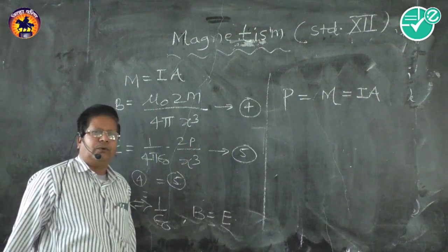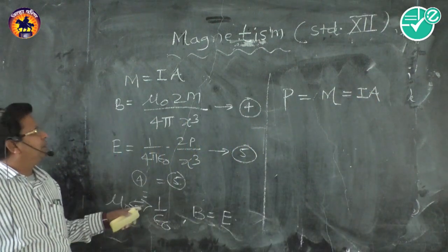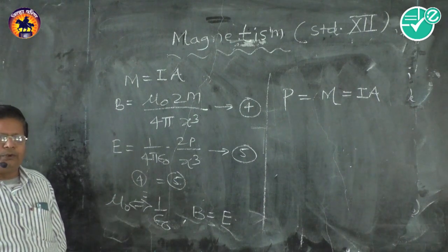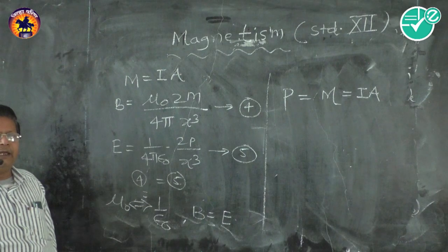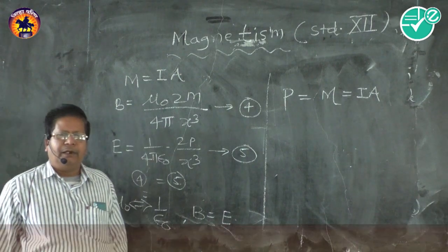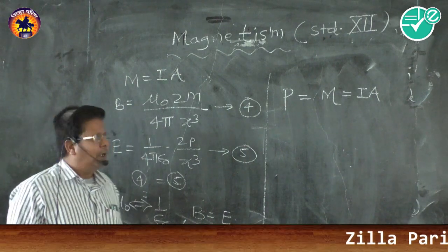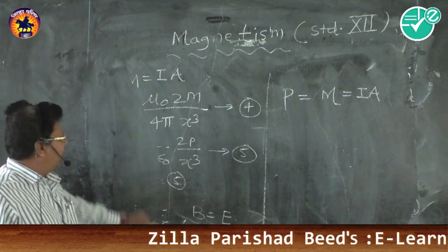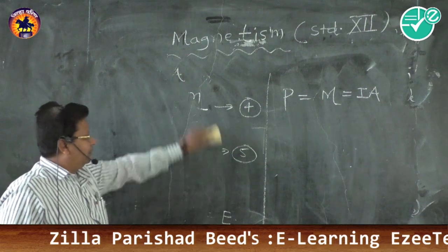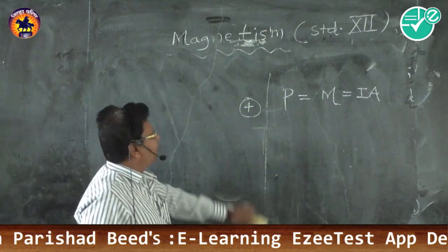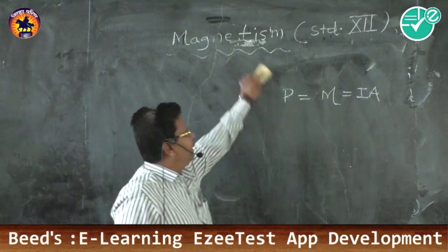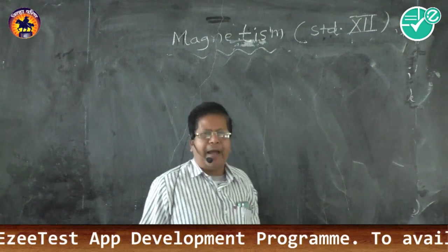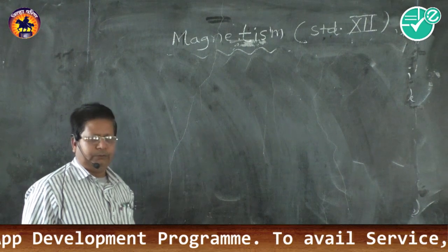Therefore we conclude that the current carrying circular loop behaves like a magnetic dipole. So this is about a circular loop carrying a current, which produces a magnetic field and behaves like a magnetic dipole.